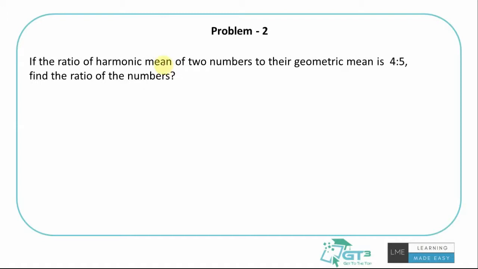If the ratio of the harmonic mean of two numbers to the geometric mean is 4 by 5, find the ratio of the numbers. So what is the harmonic mean? If I assume A and B are the two numbers, 2AB by A plus B is the harmonic mean. What is the geometric mean? Square root AB.